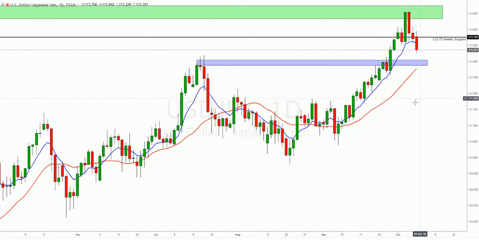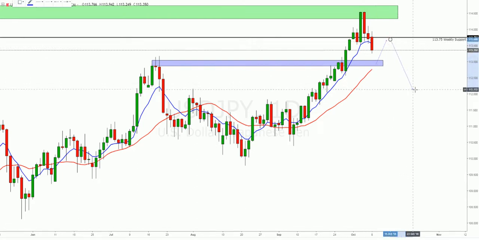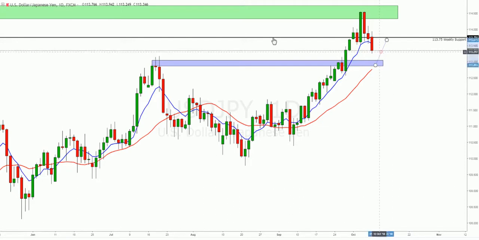So we could be seeing price come to that level and then make a higher low before continuing upside, or alternatively we could touch that level, retest the weekly resistance before heading lower to that 112 region, which I did specify price has the potential to come down to on the weekly time frame.